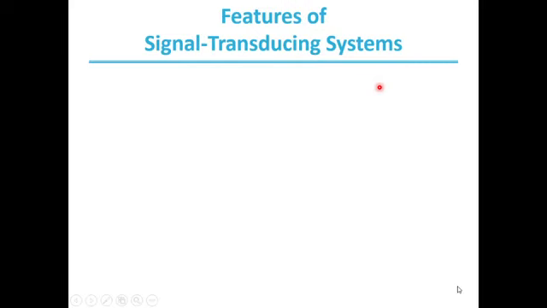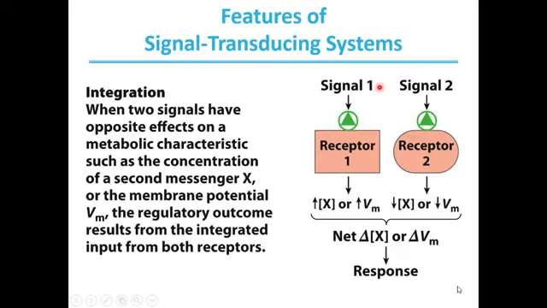Another feature of signal transducing systems is signal integration. Signal integration is the ability of a system to receive multiple signals and produce a unique or unified response appropriate to the combined needs of the cell. For example, there are two signals that are being received by two different receptors.